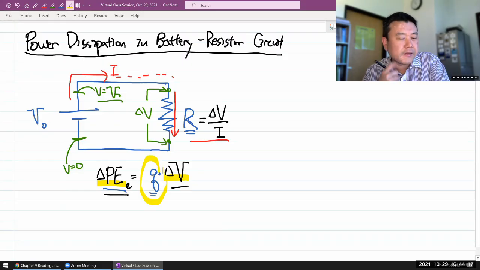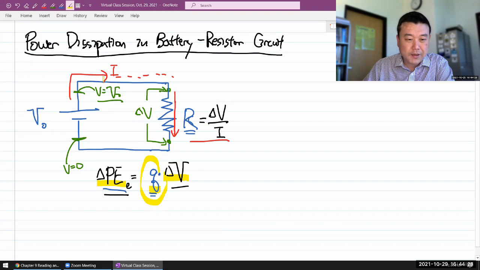we want to relate this test charge to some other circuit element or some other circuit parameter. And as you look at this circuit, what you see is, it must relate somehow to the current.